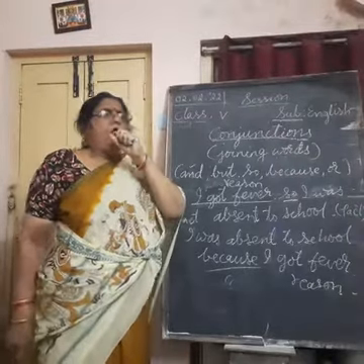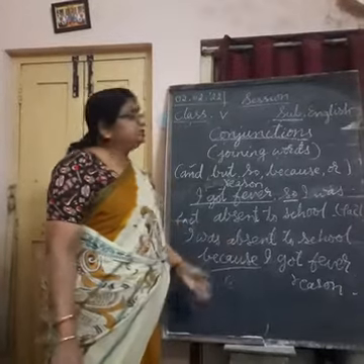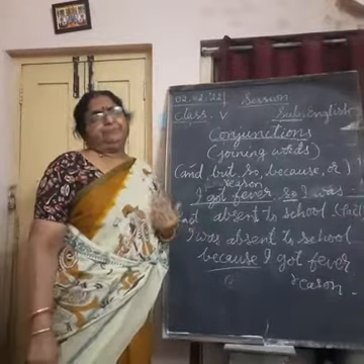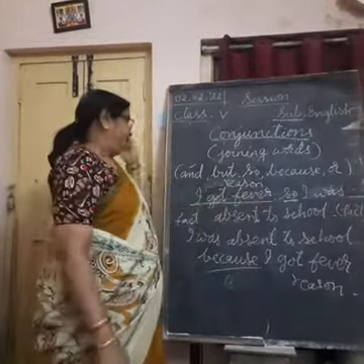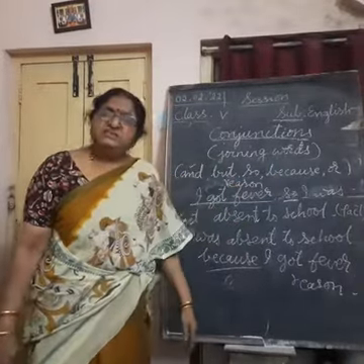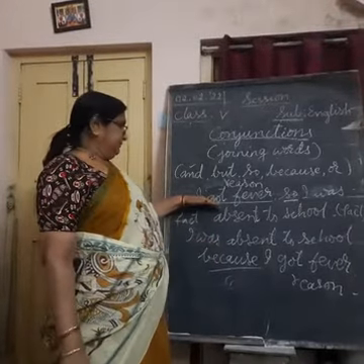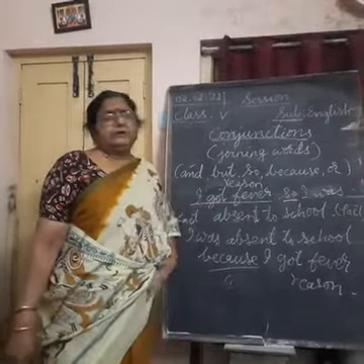Sorry, children. Both so and because are used to show the reason. When to use so and when to use because is the point here. When we have to use so, the reason comes first.